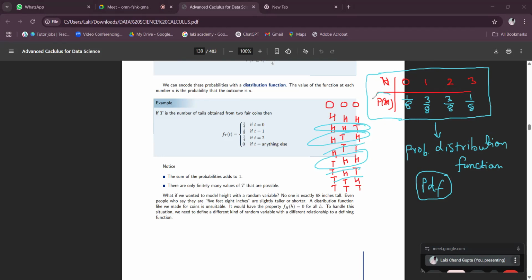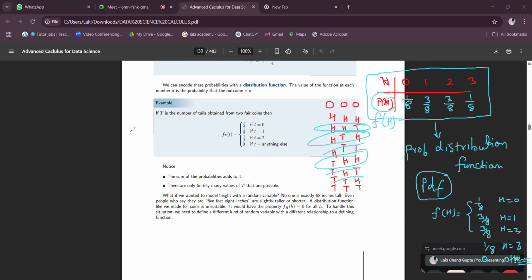Sometimes it is represented by f of h. Here h is the variable, so you can write f of h. You can also write it this way: f of h is 1 over 8 when h is equal to 0, it is 3 over 8 when h is equal to 1, and so on, and 1 over 8 for h equal to 3, otherwise 0.